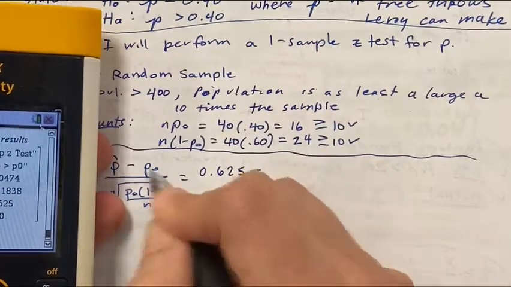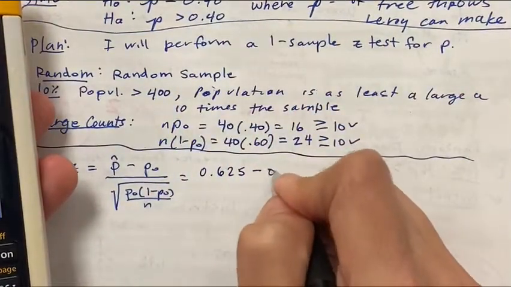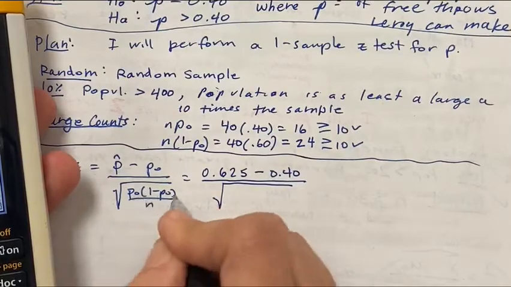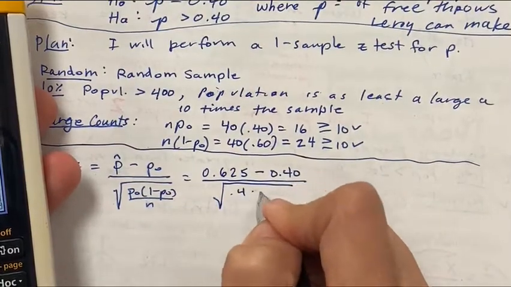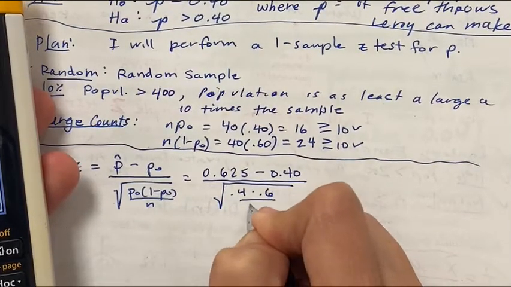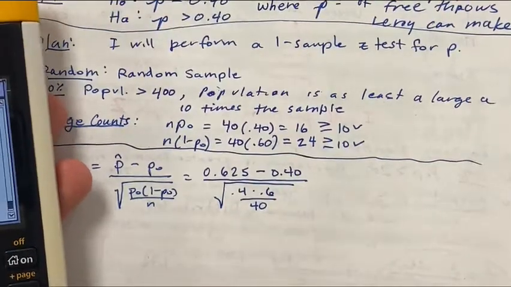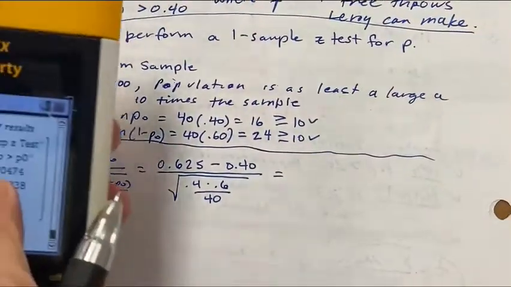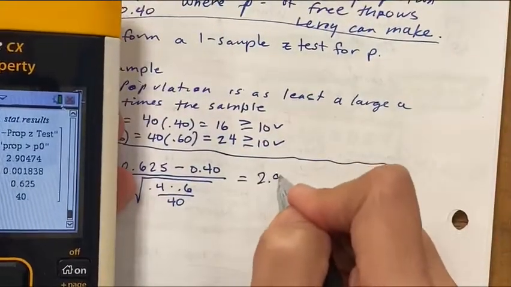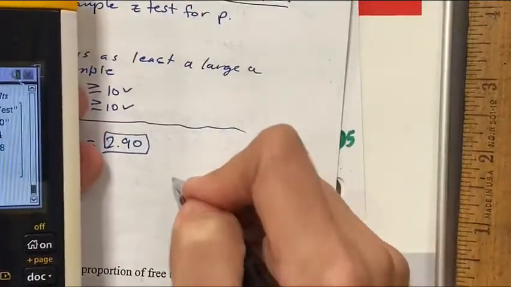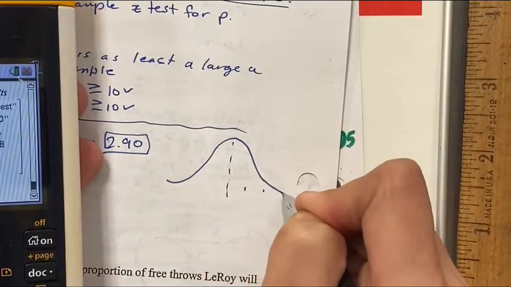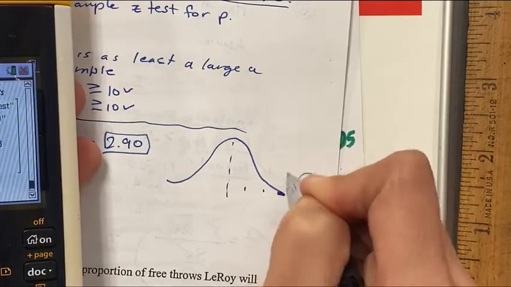Now, what are we supposed to think? We are supposed to think it's only 40%. And so we use that number in the denominator, 0.4 times 0.6 all over 40, since we took 40 shots. So what would this calculation come to? This, 2.90. Okay. So in this chapter, we have to make a picture, and I'm not 1, not 2, but almost 3 standard deviations from the mean.